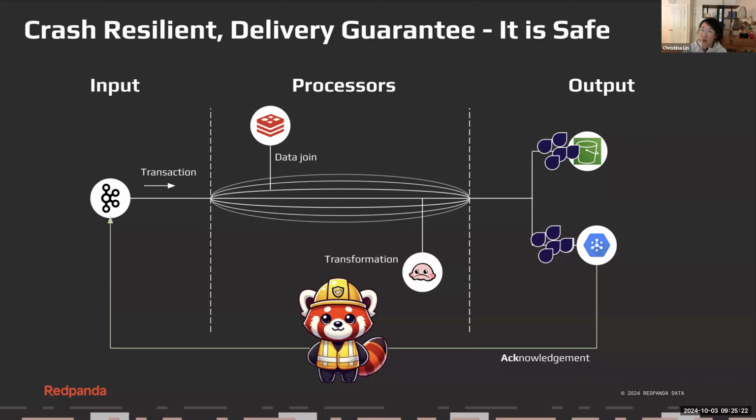Otherwise, we'll incrementally throttle the traffic until it recovers. But if it gets really busy, all the threads are taken, all the memory's out, we'll just pause the inputs.